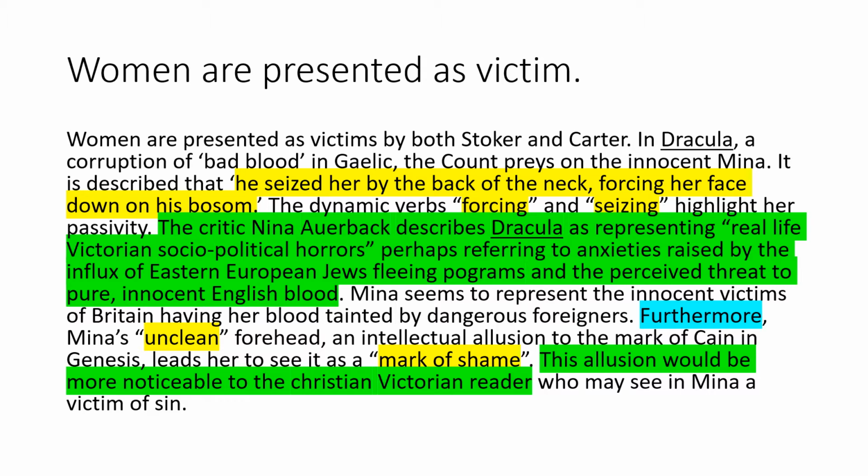A focus perhaps on the language here, looking at the verbs forcing and seizing. And then we see that Orley goes on to talk about how Mina sees herself as unclean, again morally unclean, a mark of shame. So we've got quite a few quotes in this section. She's not looking at other characters. Instead, she's focusing just on one character at this time and taking a few quotes from her to show her victimhood.